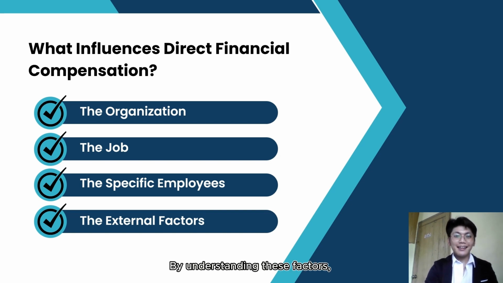By understanding these factors, we aim to help organizations make better decisions about how they pay their employees, taking into account both their own goals and what's happening in the broader job market. So let's explore each of these in greater detail.